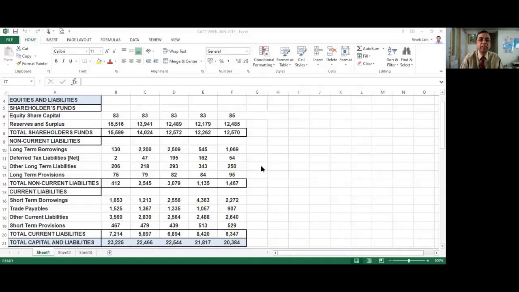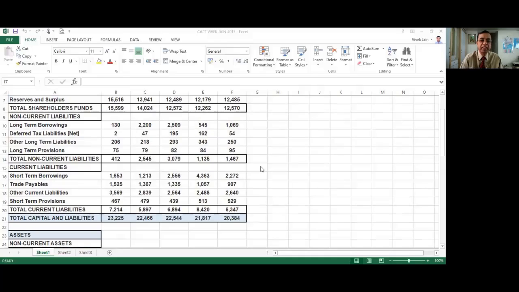Then in between, in the years 2018 and 19, the company probably had to resort to some long-term borrowing for some working capital need or many other needs. And then subsequently, with the profits of the company, those loans were reduced. And on 31st March 2020, it is only 130 crores.